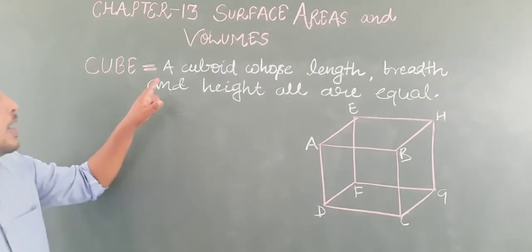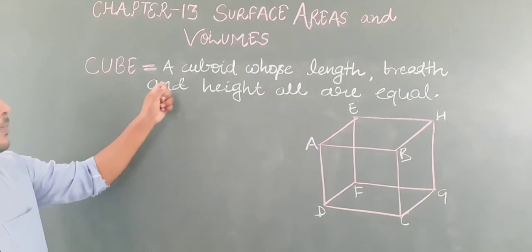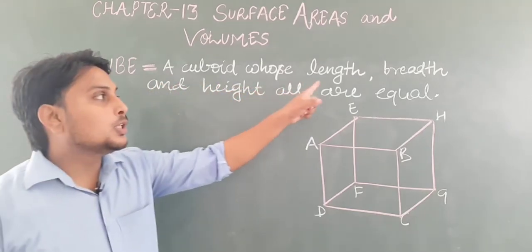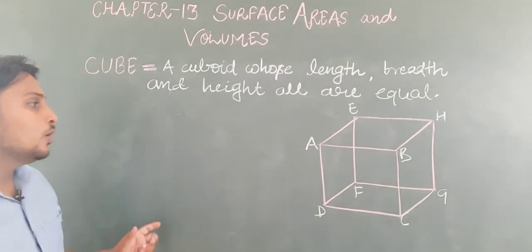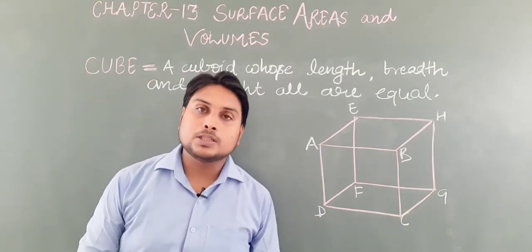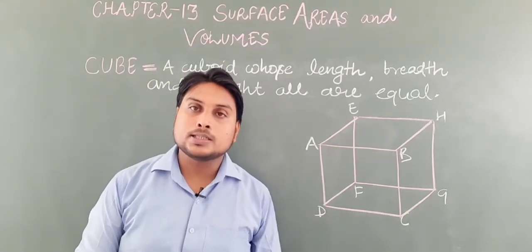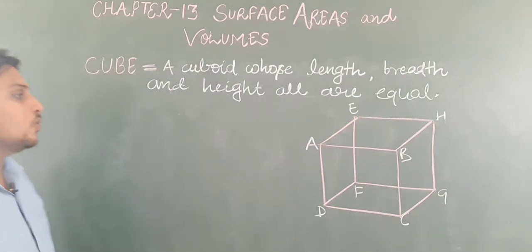How will we define a cube? So cube is what? Basically it is a cuboid whose length, breadth and height are all equal. So if length, breadth and height are all equal, it means all the edges are equal, which means the faces are in the shape of square.